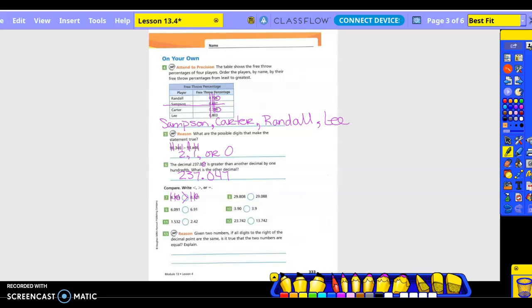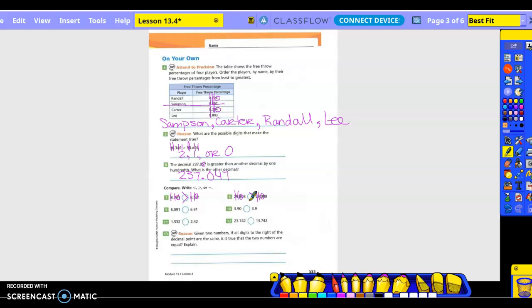Okay, next one, 10. They both have a 2. 1. The same. 10s. No, we have an 8 and we have a 0. So 29 and 808 thousandths is greater than 29 and 88 thousandths.